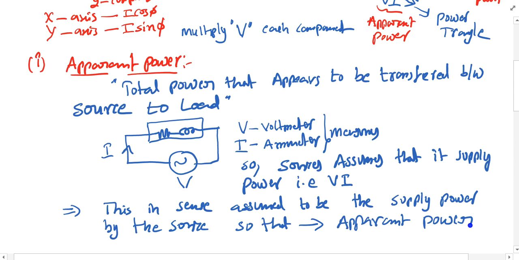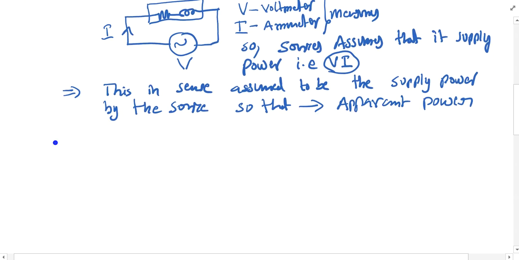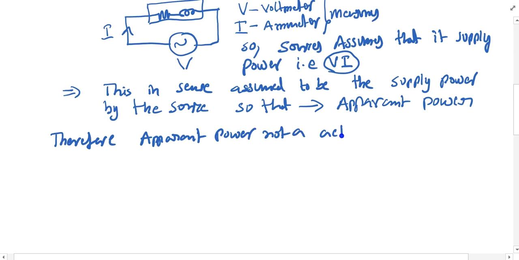Because my source is assumed to be supplying some power, that power is nothing but VI. So this VI power I can say is apparent power, and therefore the apparent power is not an actual power.